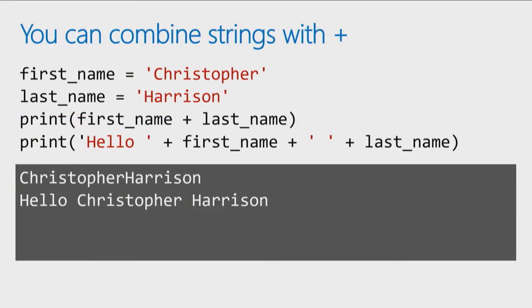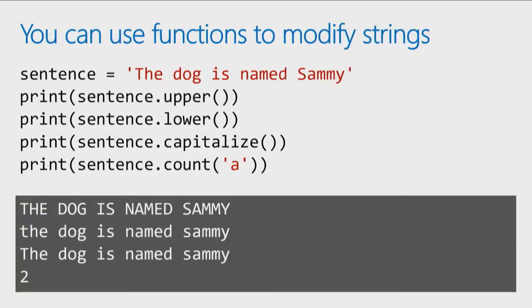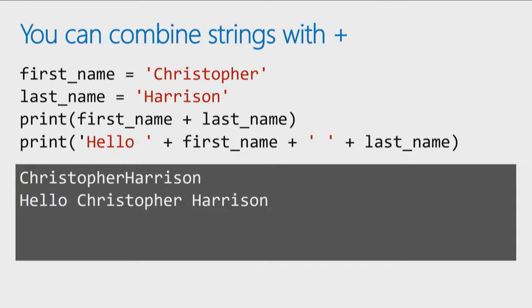Now, if you want to take two strings and combine them together, you can do that by just using the plus operator. So you'll notice in my code that I've got my first name and my last name. And then you'll notice that I'm going ahead and I'm calling print, and I'm combining that first name and that last name together just by using that little plus sign that you see right there.